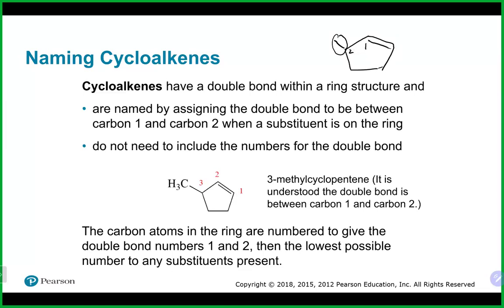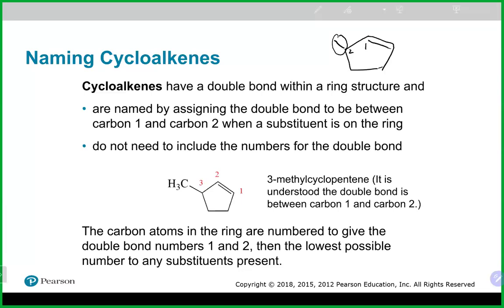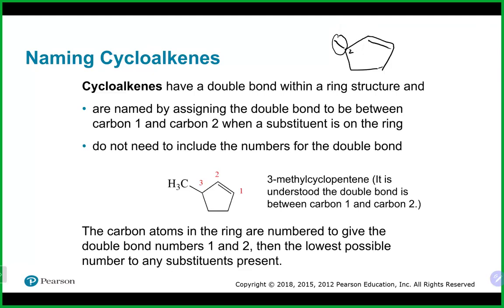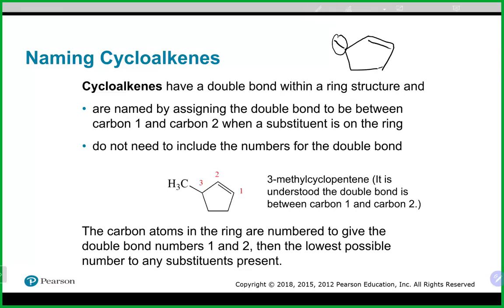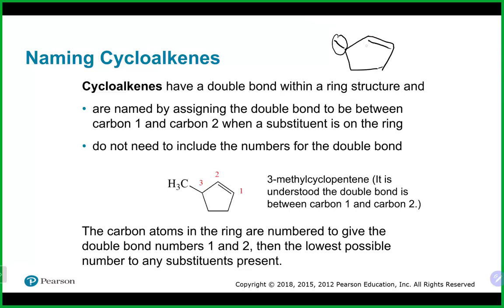So that gives you really, in this case, 2 options that you can do. Those 2 options are you could start at this double bond here and go 1, 2, 3, 4, and 5. Obviously, that would put our methyl group at number 5.